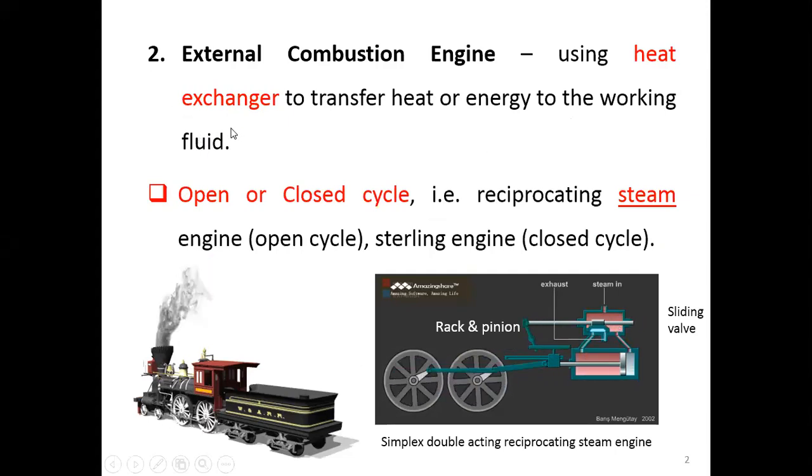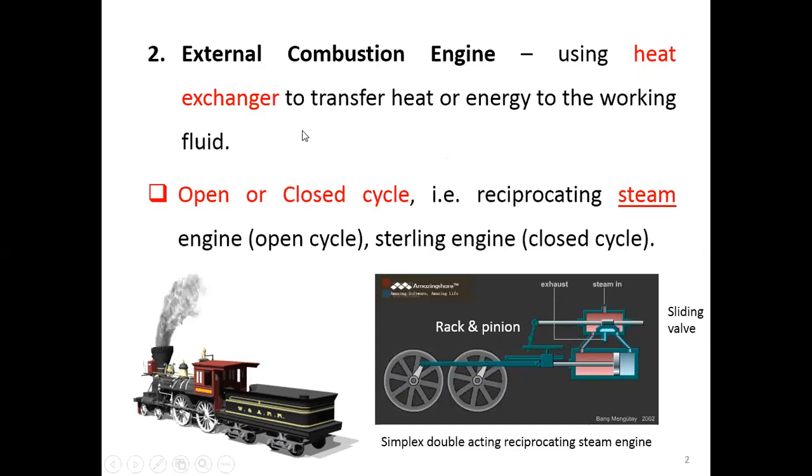So that means what? The working fluid will not change, because the working fluid is only used to receive the heat from outside. And we let this working fluid work in our engine to create the work.